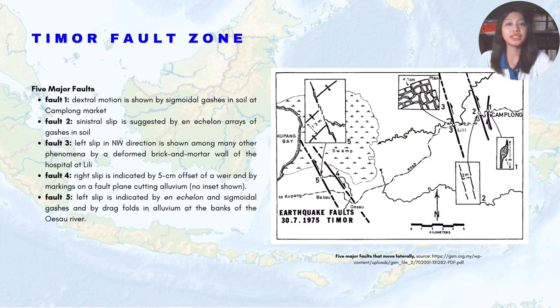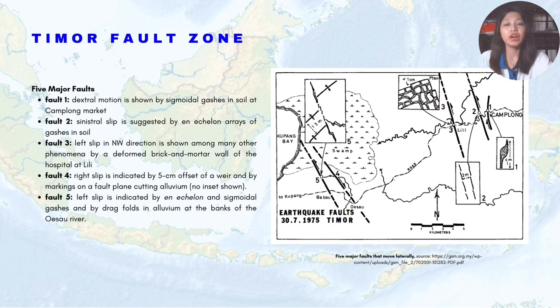Fault 1, which is dextral motion, is shown by sigmoidal gashes in soil at Kompleng Market. Fault 2, sinistral slip, is suggested by en echelon arrays of gashes in soil. Fault 3, left slip in northwest direction, is shown among many other phenomena by a deformed brick and mortar wall of the hospital at Lili.